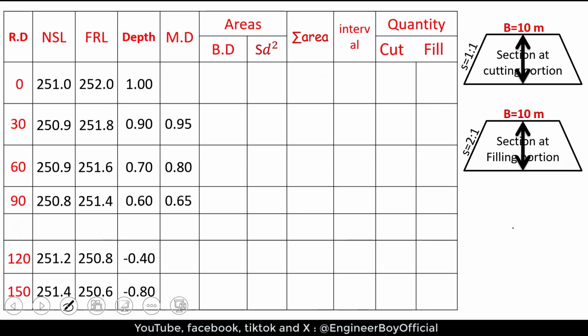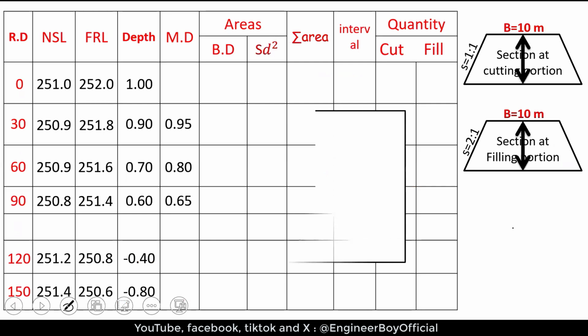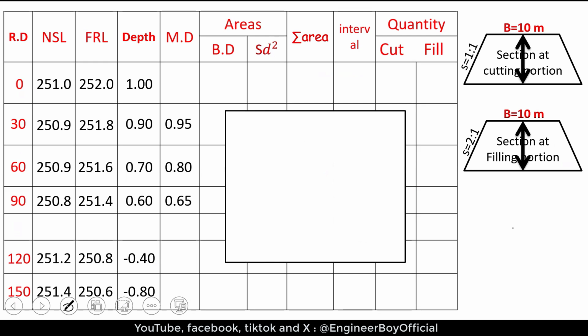Next, as you can see, we have the intermediate point and that should be determined. And how do we determine that? The distance of the intermediate point should be the depth at the last station, which is station 90, divided by the same depth, and we will add the next depth, which is 0.4, and then multiply that with the interval, and then add the last station.